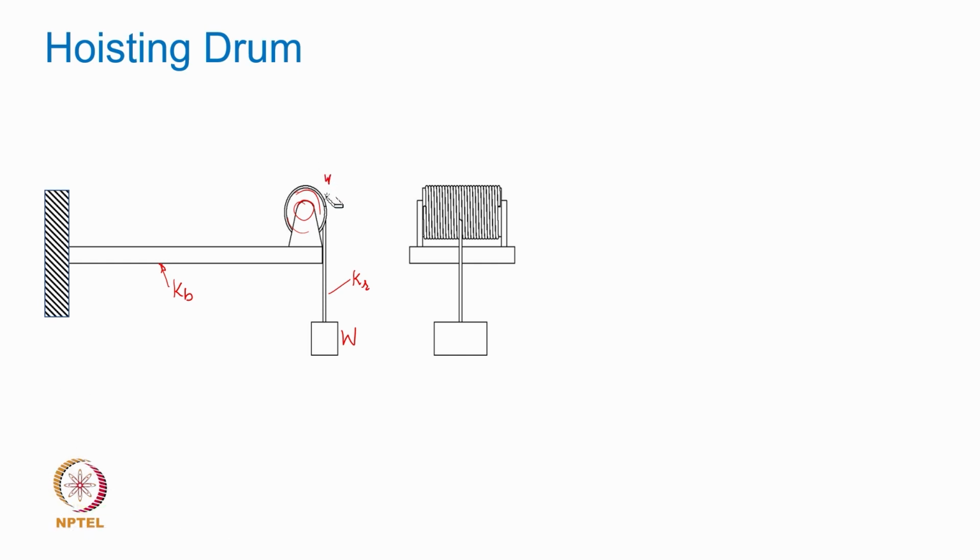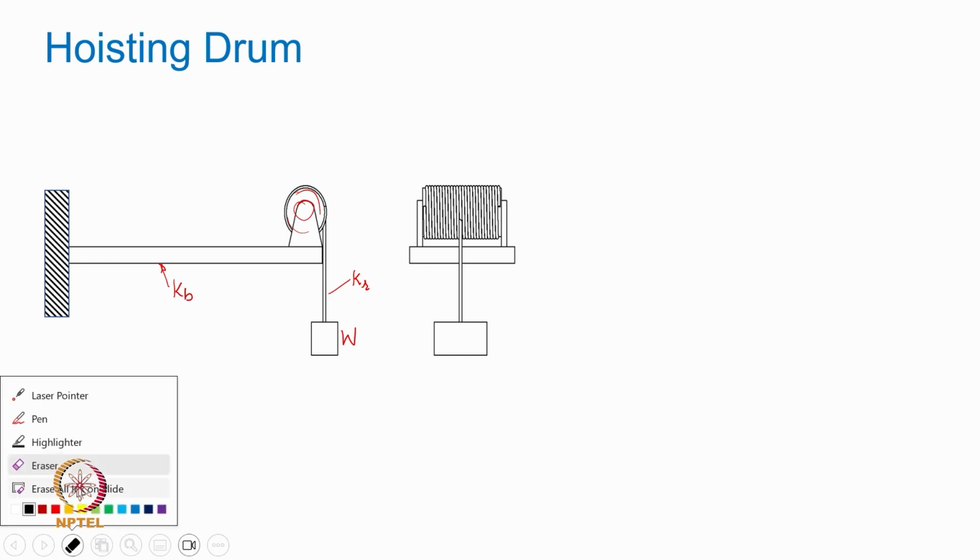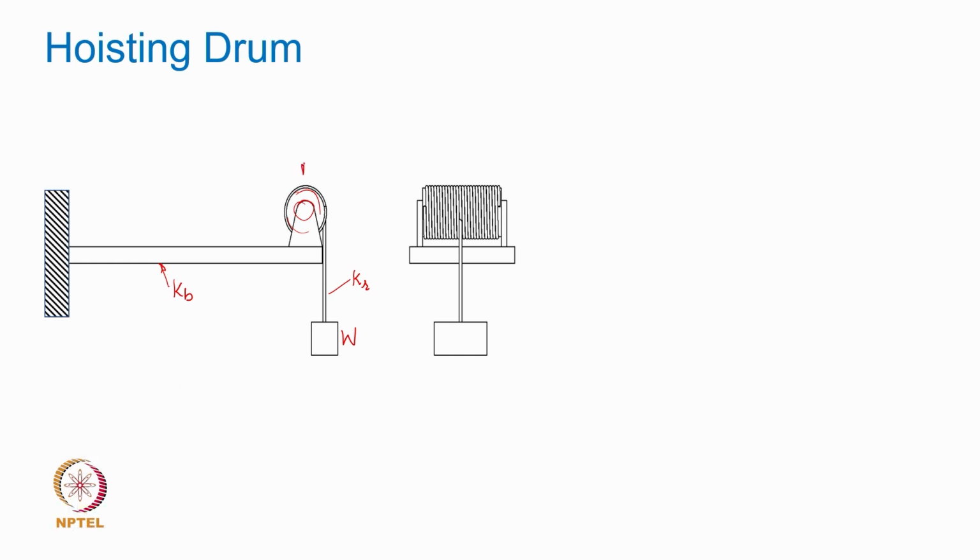This mass of the winch is assumed small enough in the earlier analysis, and the weight here, so maybe ML is the load being lifted here.